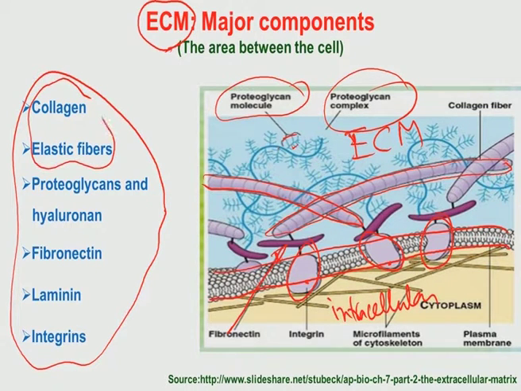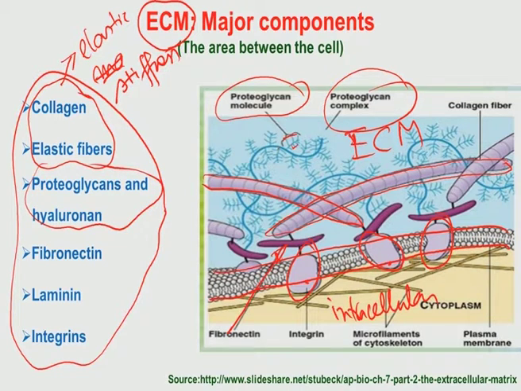Now, these two elements, collagen and elastin fibers, give the elastic extracellular matrix the required elastic stiffness that it has. So, in other words, the presence of collagen and elastin fibers provides mechanical support to the neighboring cells that it contains. Proteoglycans, hyaluronan, and also integrins are present.